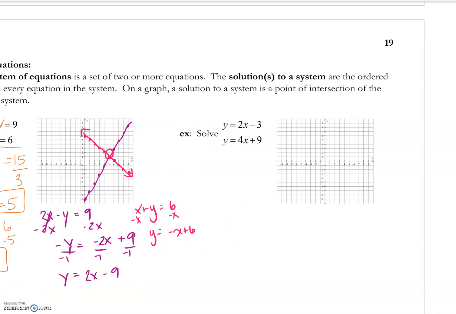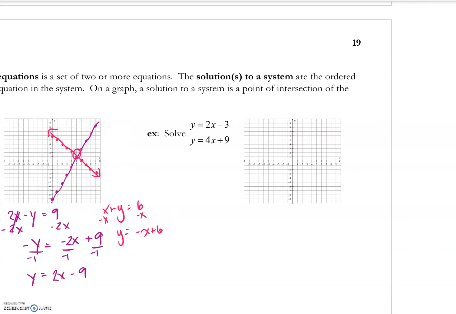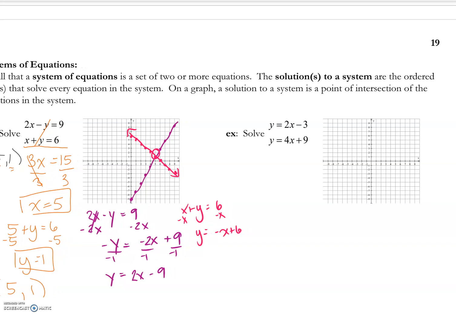So for the next one, luckily on this one, it is already in y equals mx plus b form. This time I'm going to solve it algebraically first and then check to see if my solution works on a graph. I could combine them like I did here, but notice if I combine them, y and y is going to give me 2y, 2x and 4x is going to give me 6x, negative 3 plus 9 is going to give me positive 6.